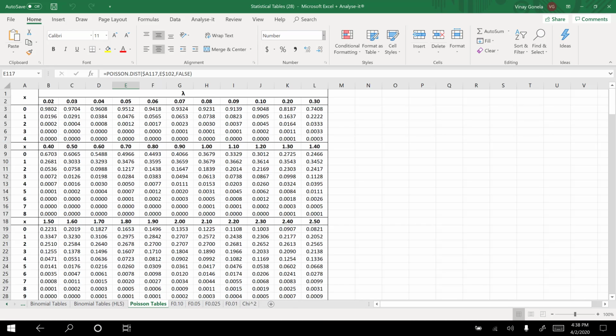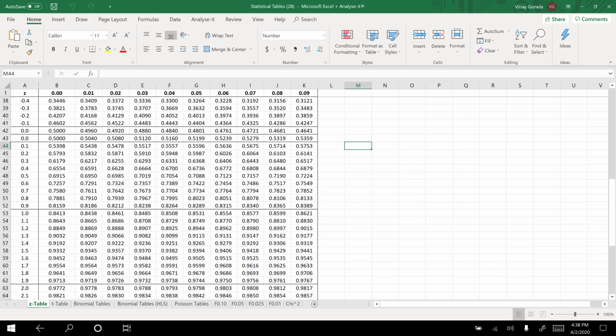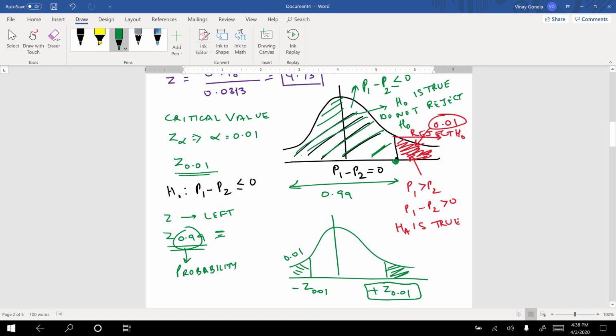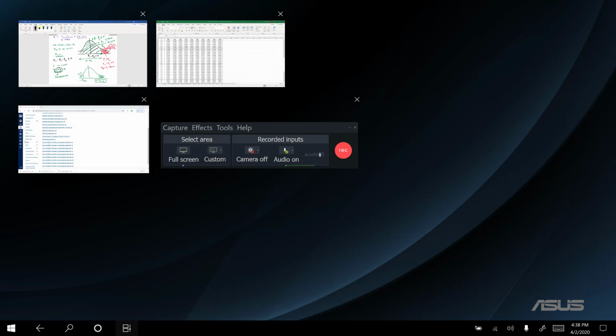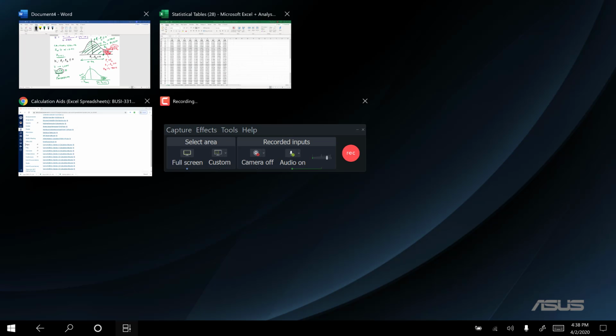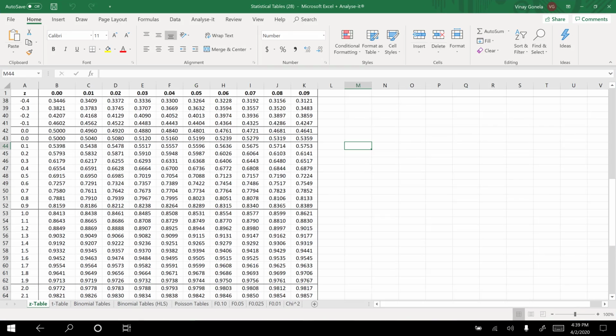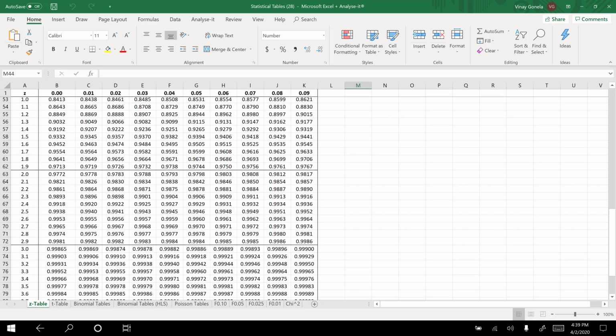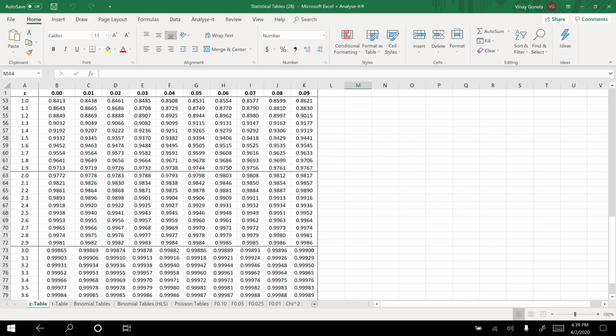Currently I am in the Poisson table, so I have to go to the Z table. I go to the Z table and look for probability 0.99. What is the z value at 0.99? I go down and look at 0.99.